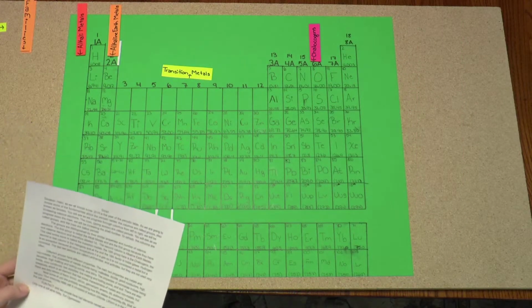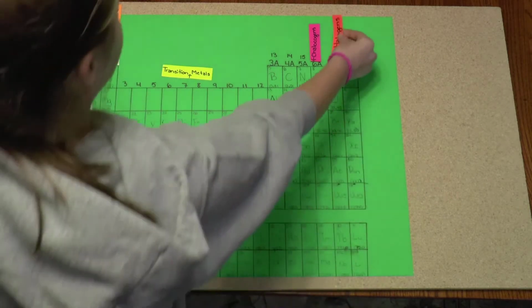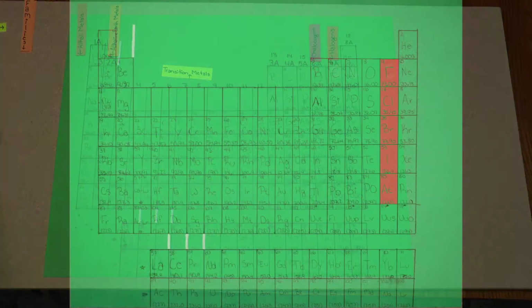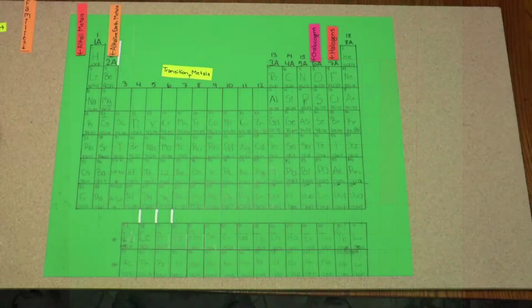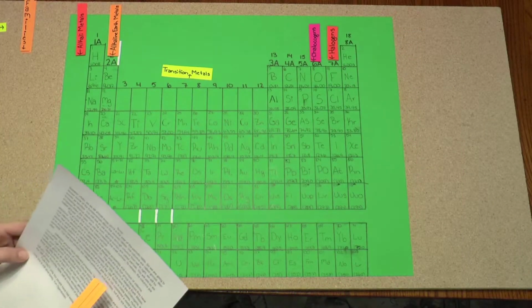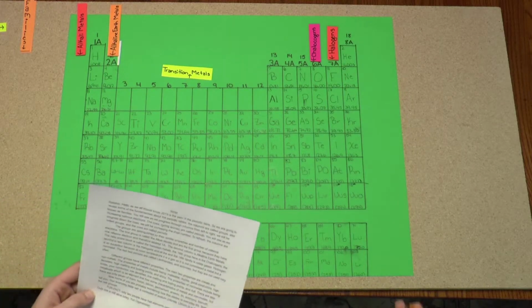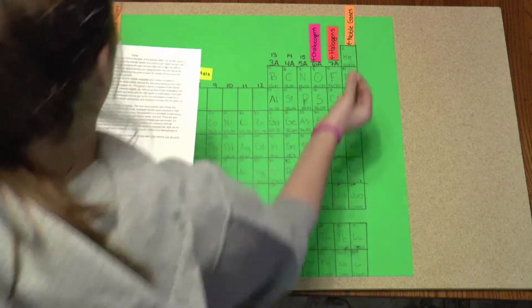The second to last column is the halogens. And at the end, the 18th family is the noble gases.